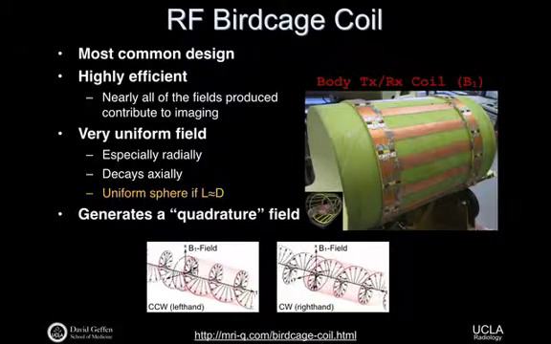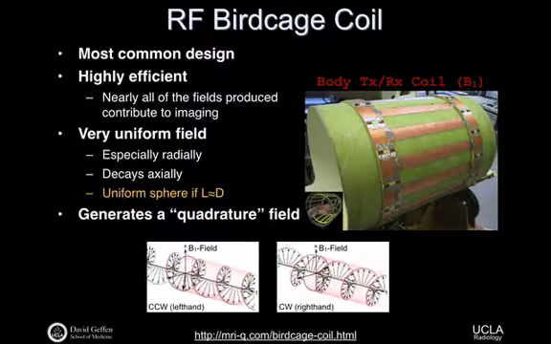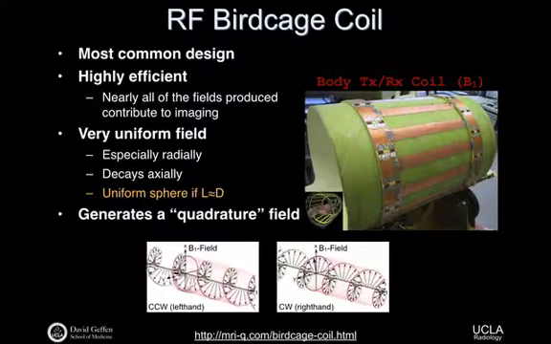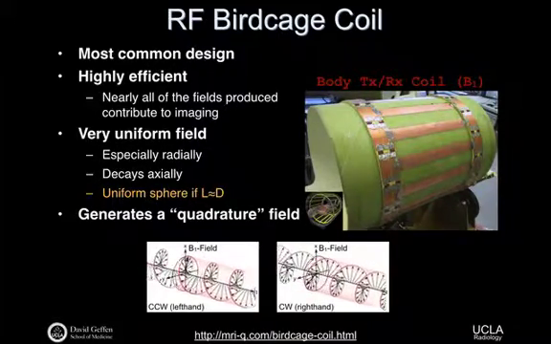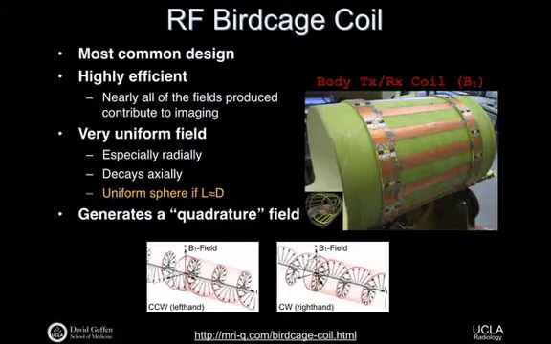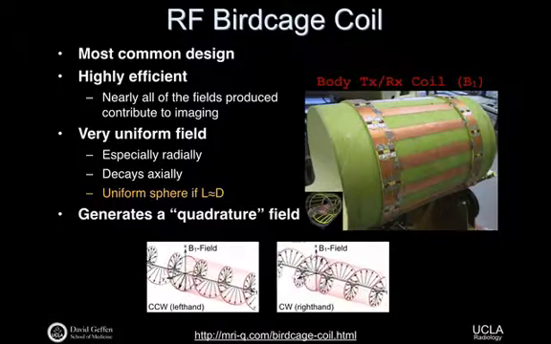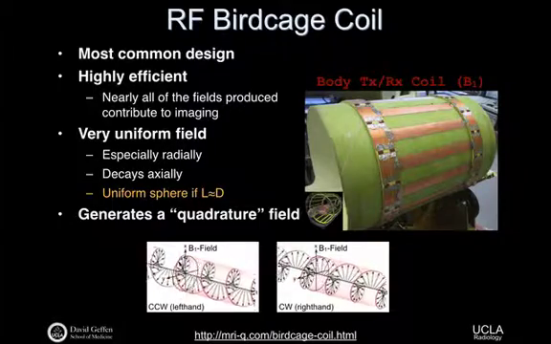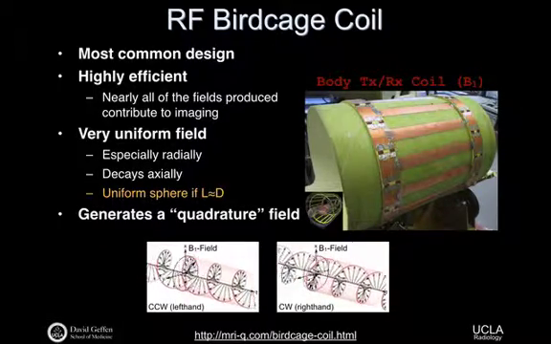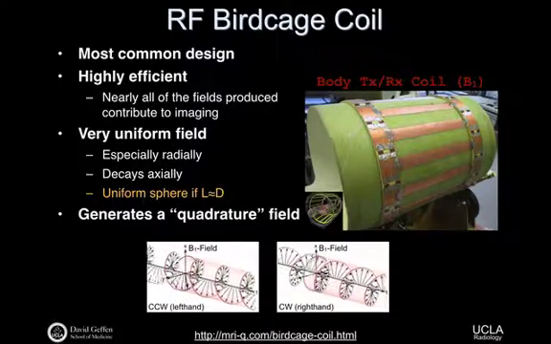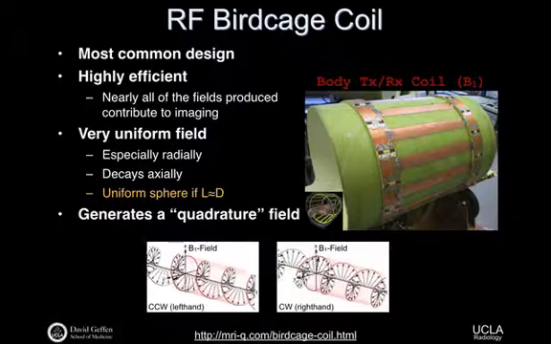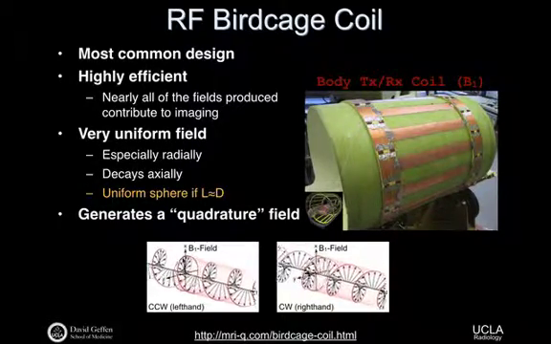So at 46 or 64 megahertz, 128 megahertz, it's precessing around. And this coil is designed such that it can produce, in principle, either of these circularly polarized fields. You can have left-handed polarization, or you can have right-handed polarization. And I'm going to talk a little bit later about why that's important and which one we choose to use.